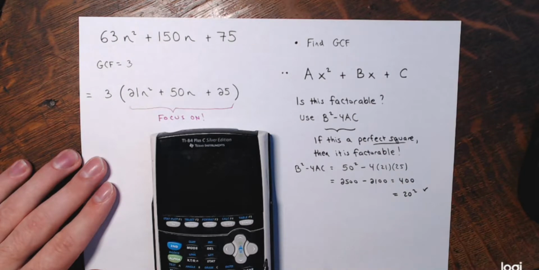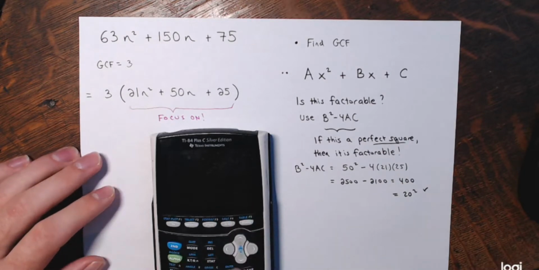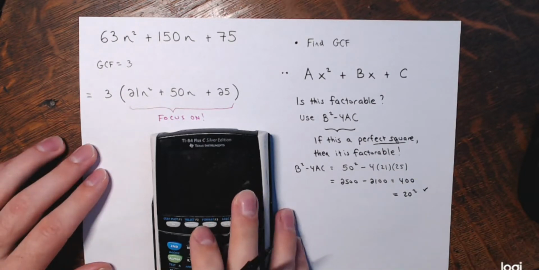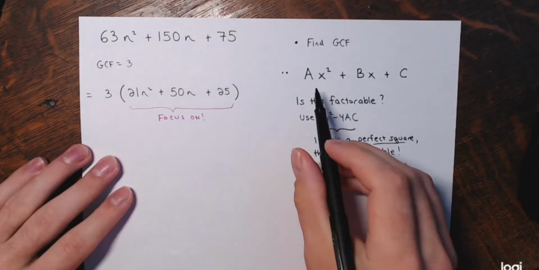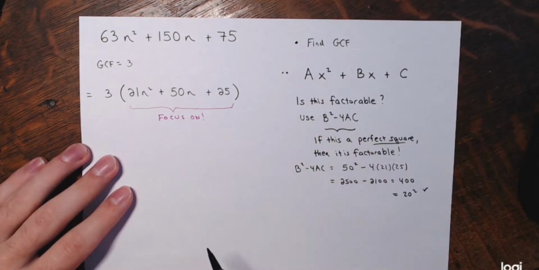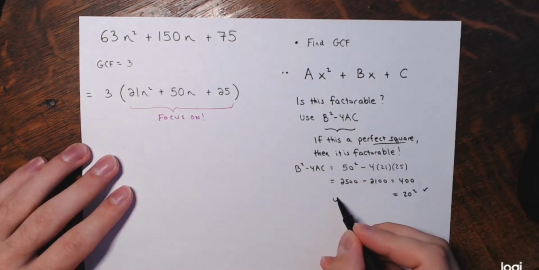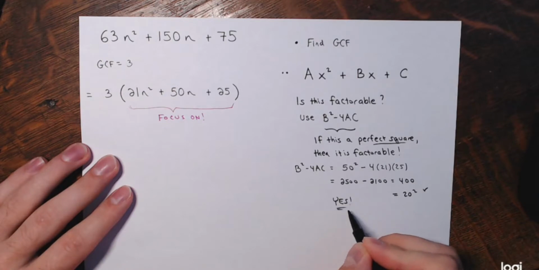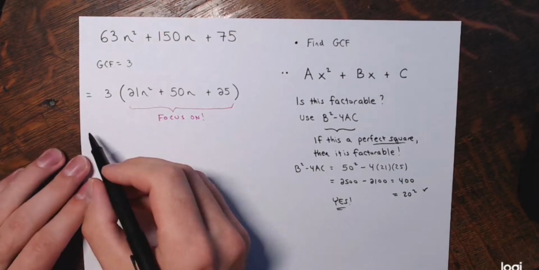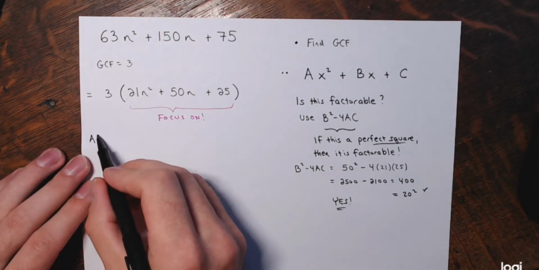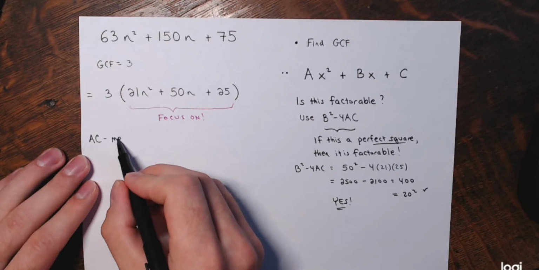Now you could put it in a calculator and take the square root, and if the square root ends up being a whole number, then you're good. If not, then this trinomial is not factorable. So the answer is yes. This is factorable. So now that it's factorable, I'm going to use what's called the AC method for factoring.